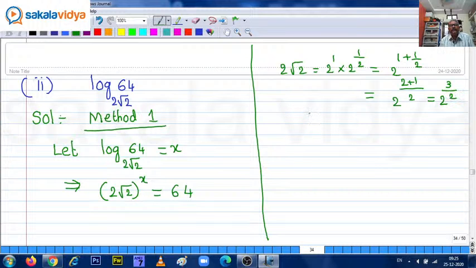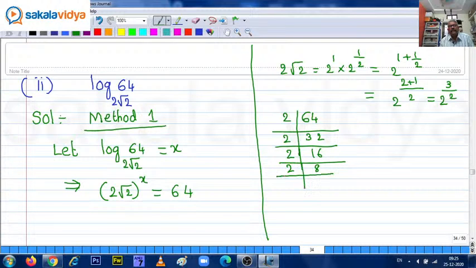Now 64. 64 is 2 times 32, 2 times 16, 2 times 8, 2 times 4, again 2 times 2. That means 64 equals 2 raised to 6.